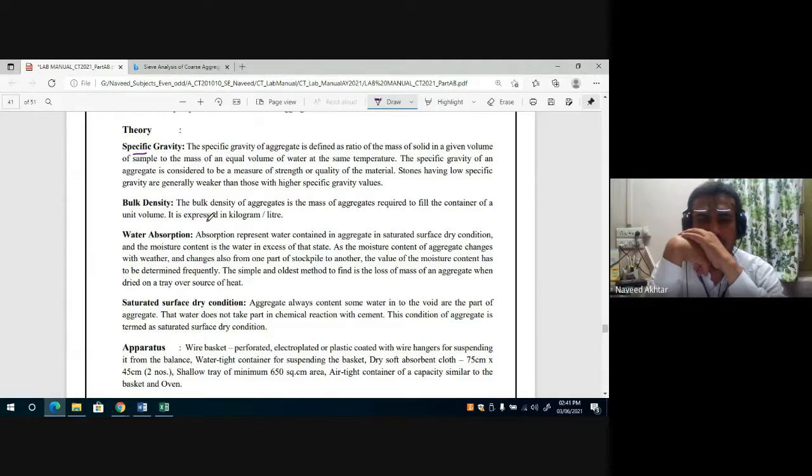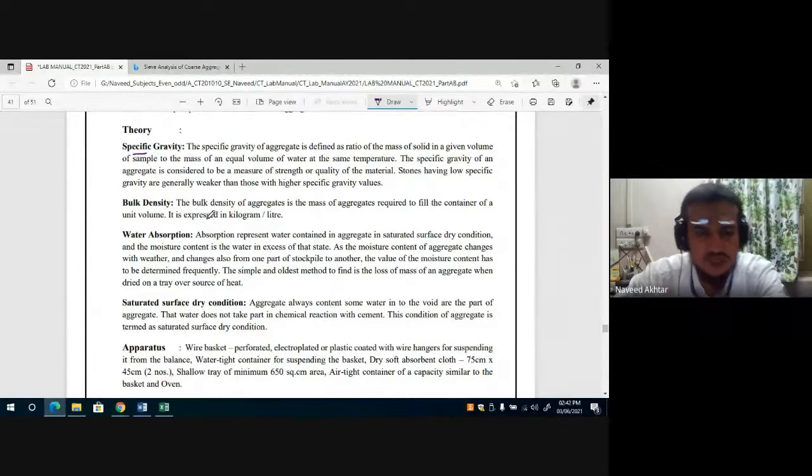Specific gravity is the ratio of the mass of the material to the mass of the same volume of water.